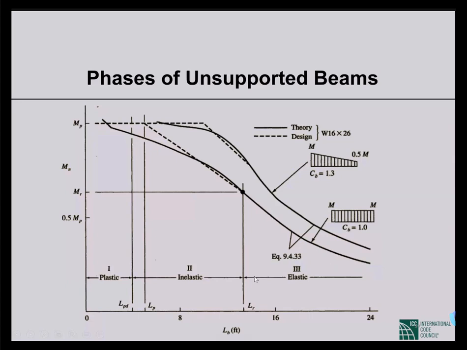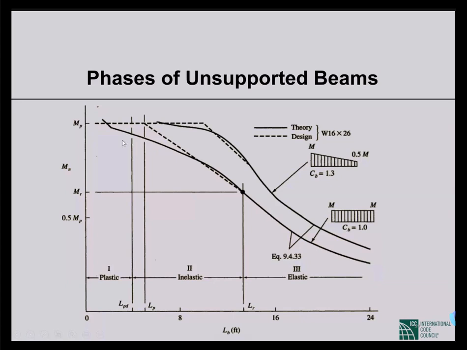In case of inelastic buckling, some portion of the member will reach yield stress and then buckle. So that is the second phase. And if the length is so short that it doesn't buckle and yields first, then that is the third case.